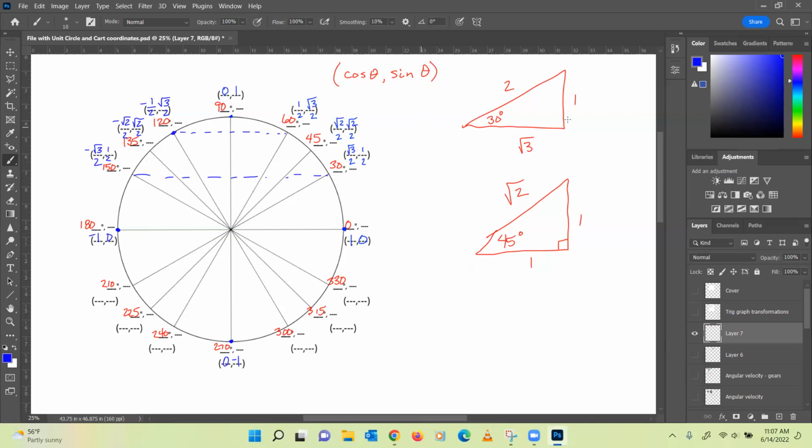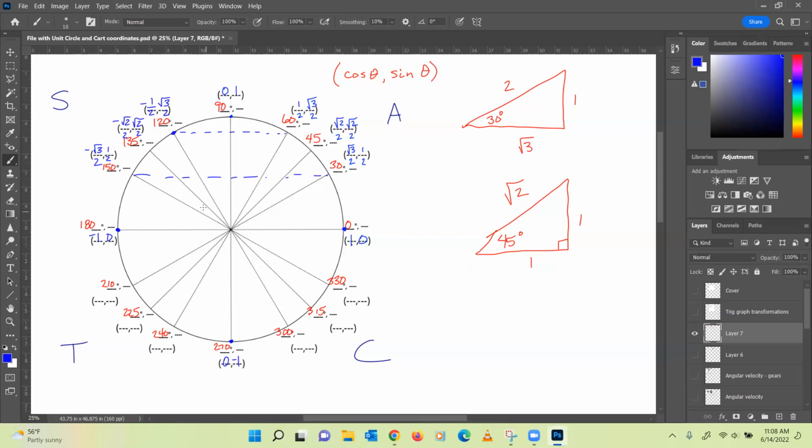Remember back when we were looking at the quadrants, we said that all students throw chalk. And now this perhaps makes even a little more sense. Sine are the y values. Well, y is positive above the x-axis, so the first and second quadrants will have a positive y value. And if the y value is the sine of that angle, then the sine is positive.